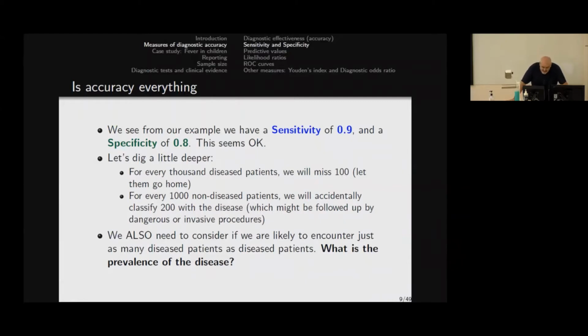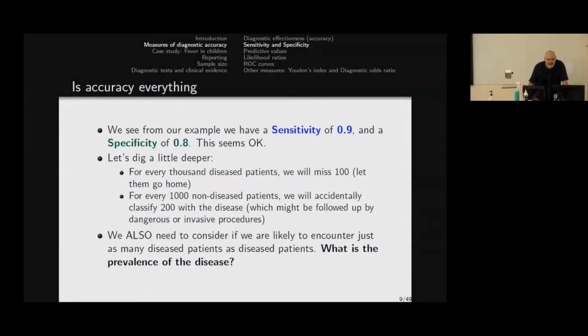How invasive is the test? Those sorts of things. We really do need to consider that. So for every 1,000 people who have the disease, we miss 100, okay? And if we're talking about something like cancer, where if we don't catch it in time, the prognosis for the patient really gets much, much worse, that's not very good at all.